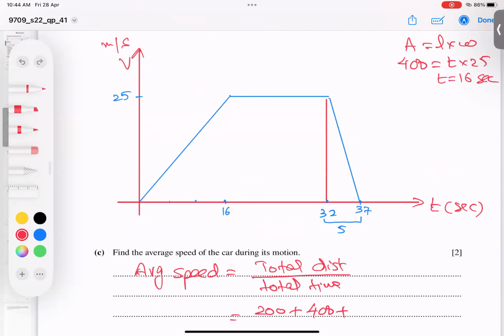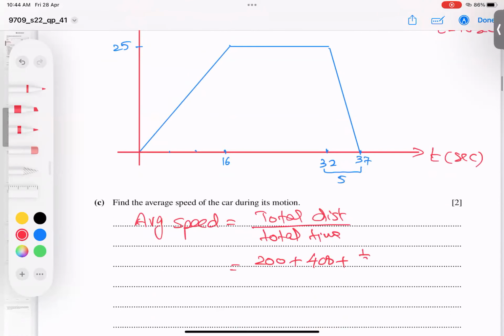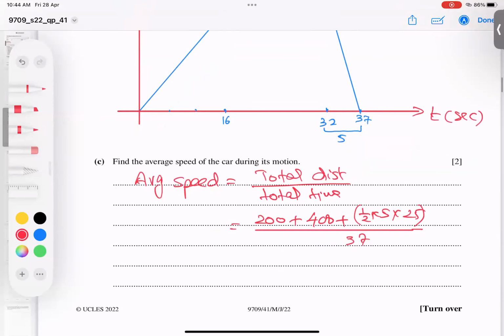Half into base into height. Base is the 5 gap, and height is 25. This is the area of the last triangle, divided by the total time, which is 37 seconds. If you type it in the calculator, I'm getting 17.9 meters per second.